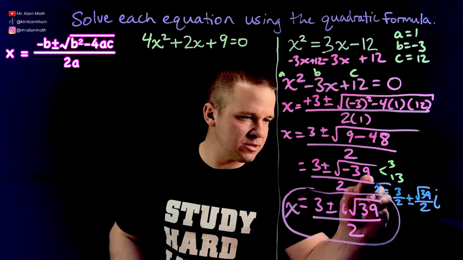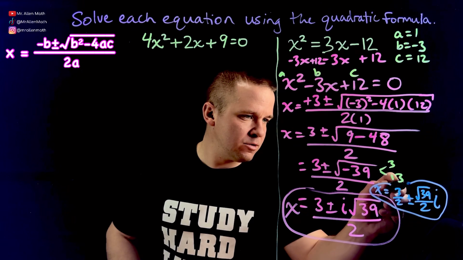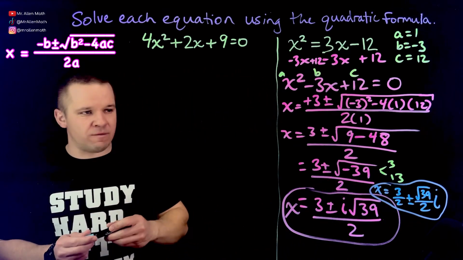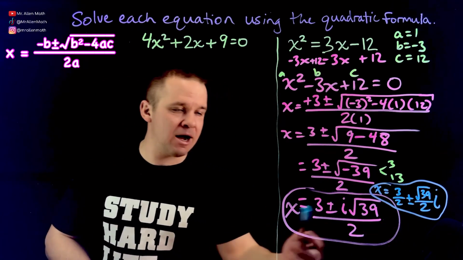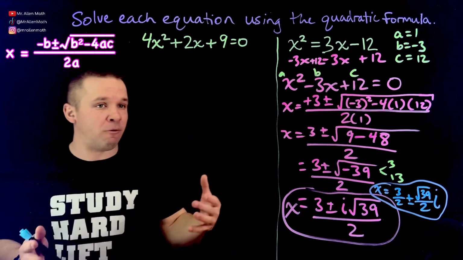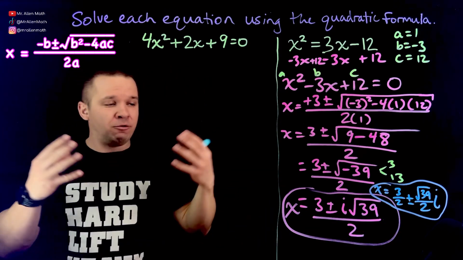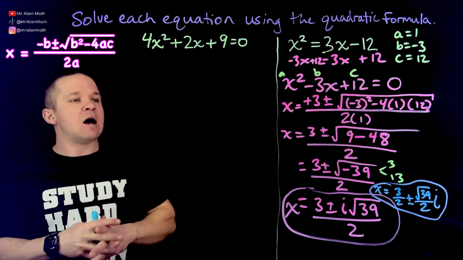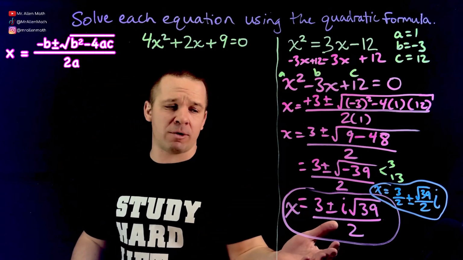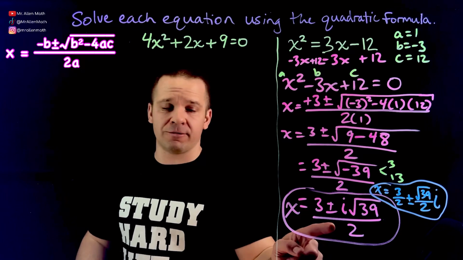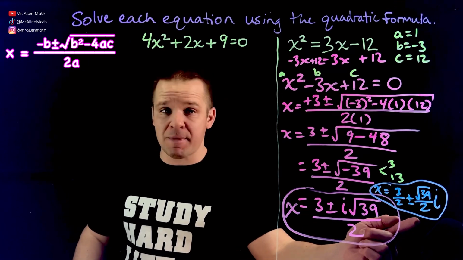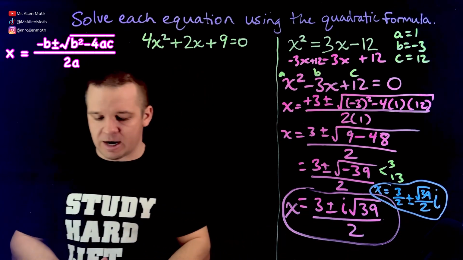That's the most official way to write the solution, where you have an a plus or minus bi, so a plus bi form. So you separate the real from the imaginary. That forms your overall complex number here. But I think most teachers, especially early on with the quadratic formula, are going to accept this version right here. But that is the mathematically official nerd version, okay?